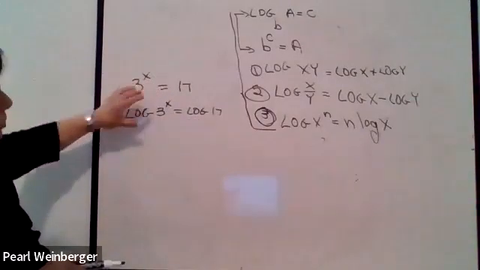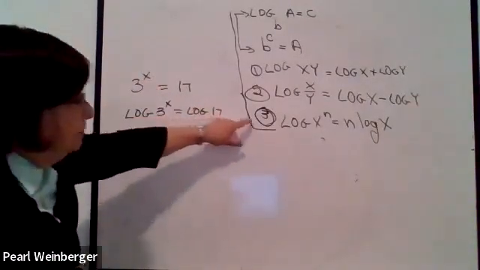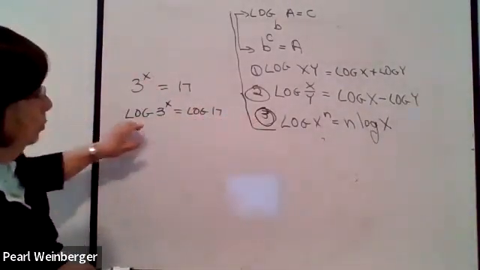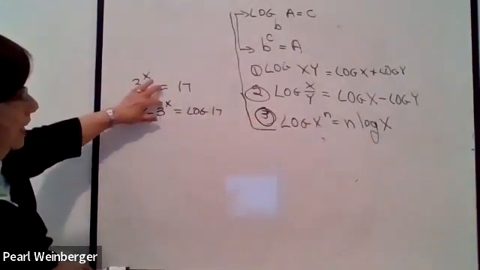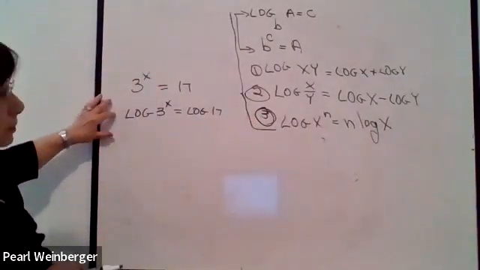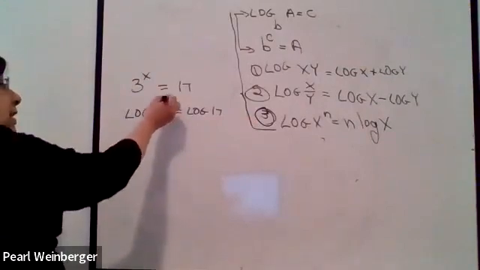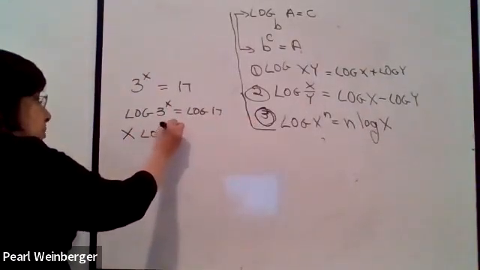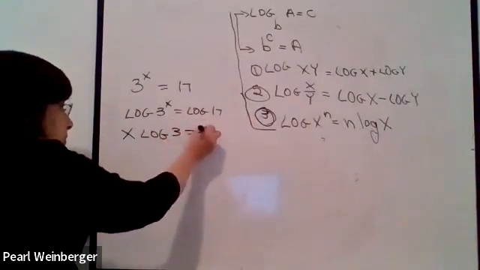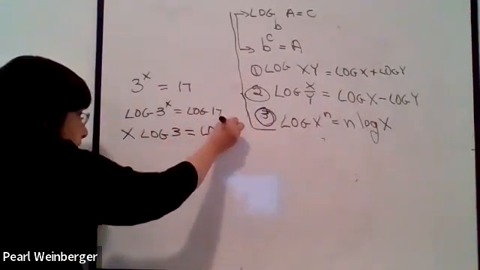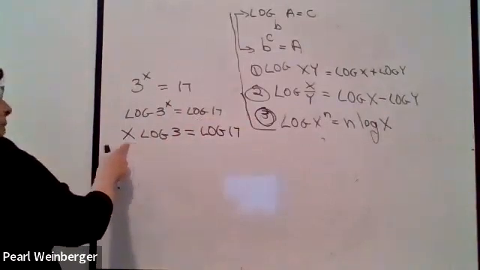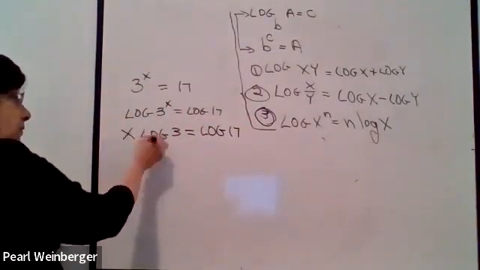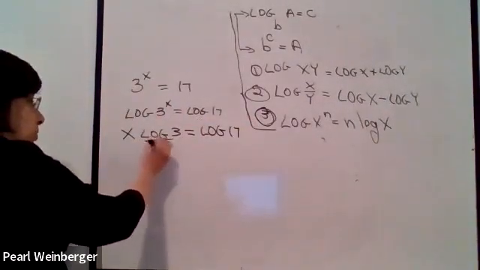And the advantage of logs is that we have this rule over here. When you have a log, the exponent then becomes the coefficient. So I can rewrite this as x log 3 equals log 17. And if I want to get the x alone, I just have to divide out by this log 3.